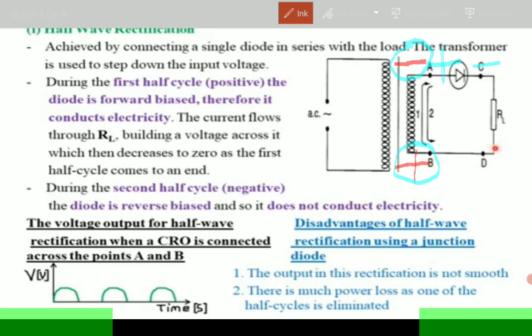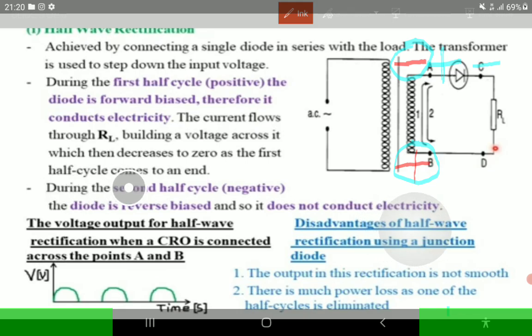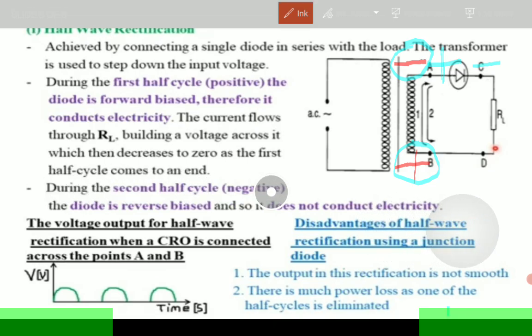So during the second cycle, which is considered to be negative, the diode is reverse biased, and so it does not conduct electricity. In so doing, we have rectified, we have changed the alternating current into direct current. In other words, we have cut off the lower, negative part of the current, so that it is only in one positive direction.